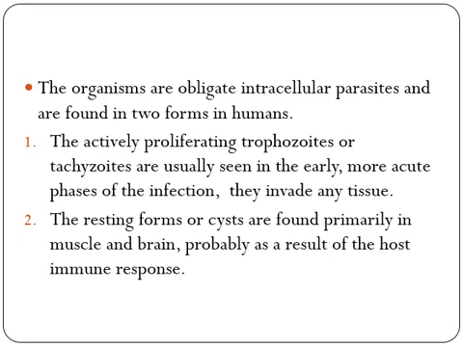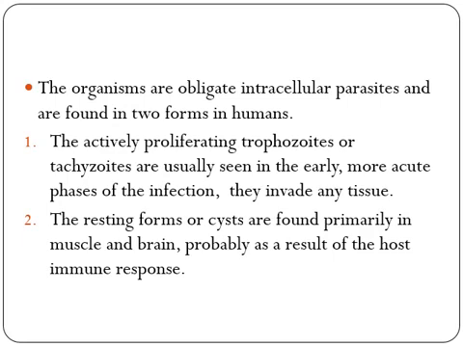The organisms are obligate intracellular parasites and are found in two forms in humans: the actively proliferating trophozoites or tachyzoites, which are usually seen in the early and more acute phase of infection when immunity is low for them. They invade any tissue in the body, and they can infect people through blood transfusion and also through congenital infection.